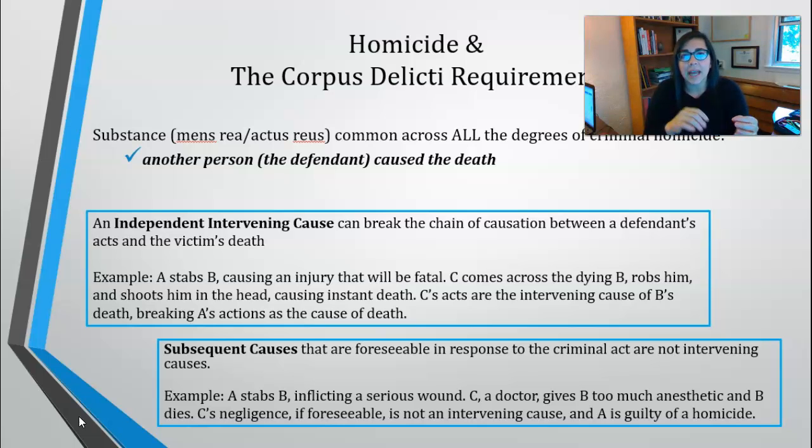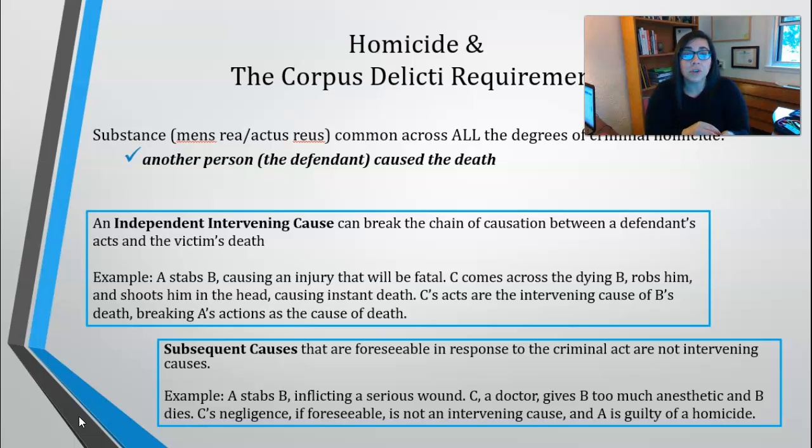What if A stabs B, causing an injury that will be fatal at some point, but C comes along across the dying B, who's on the ground with this fatal knife wound, robs him and shoots him in the head, causing instant death? Okay, so who is the one that caused the death? Is it A, who stabbed him and he will eventually die, or is it C, who caused the immediate death?